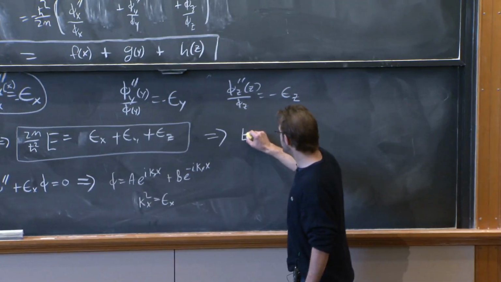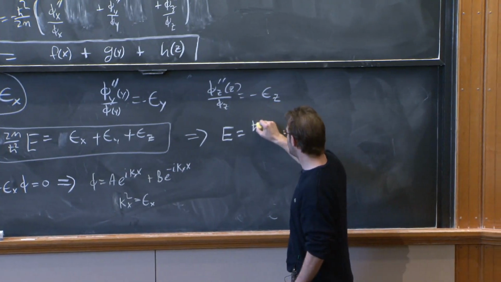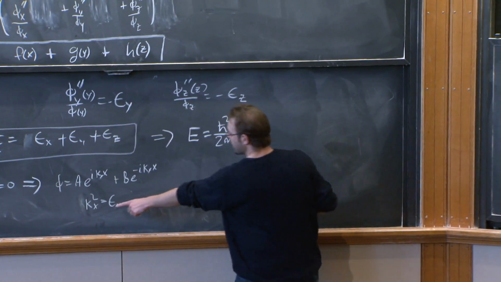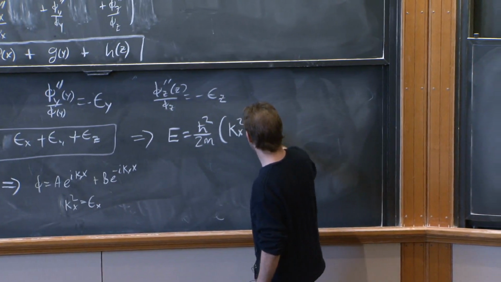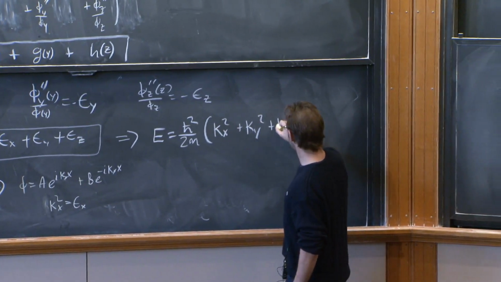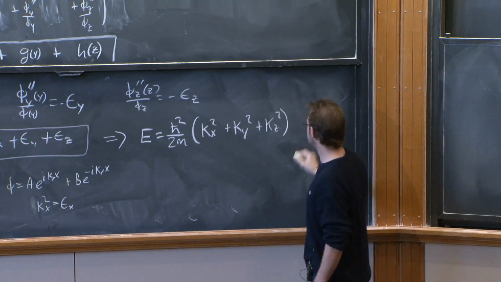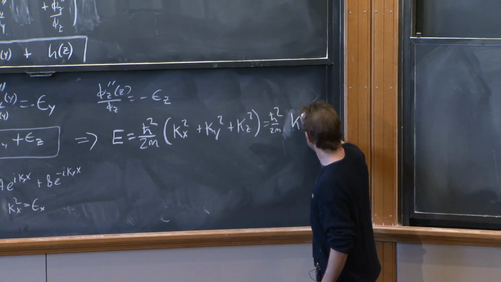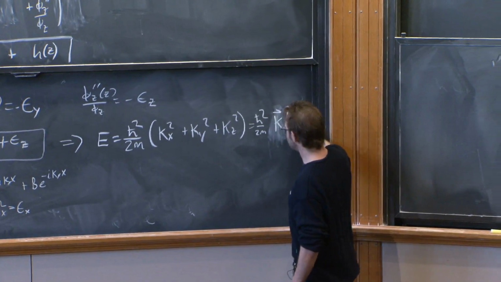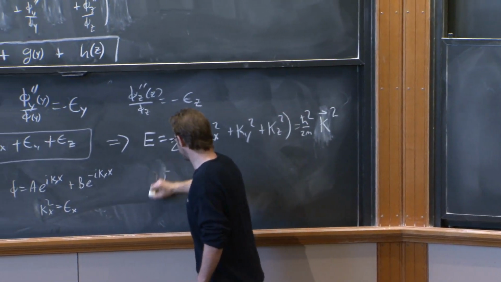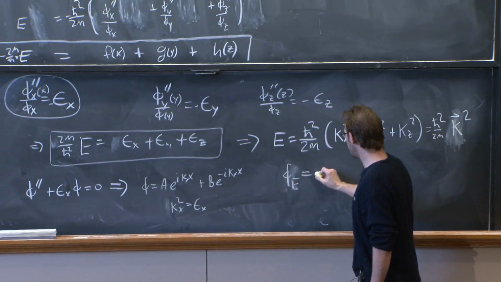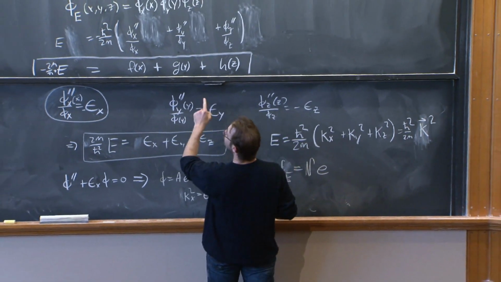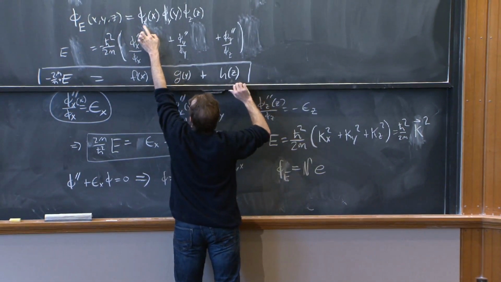So this equation becomes E is equal to, I'm going to put the h bar squared over 2m back on the other side, h bar squared upon 2m, epsilon x plus epsilon y plus epsilon z, but those are just kx squared plus ky squared plus kz squared, also known as h bar squared upon 2m, k vector squared, where the wave function, phi sub E, is equal to some overall normalization constant times, for the first function, phi x is the exponential with kx.